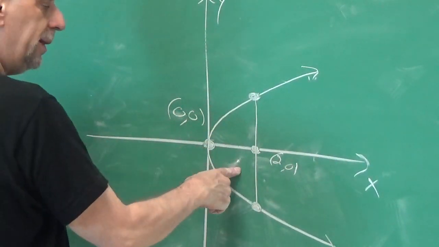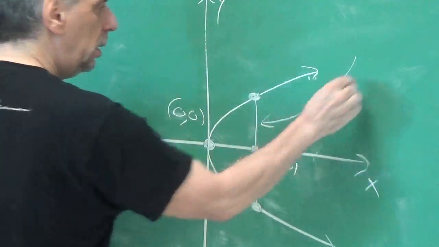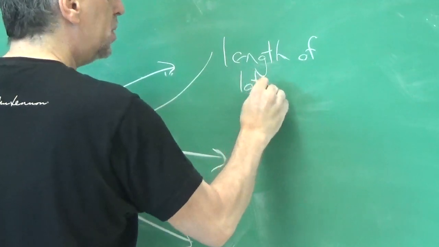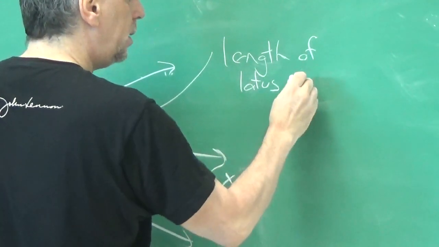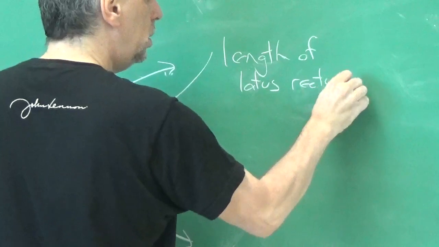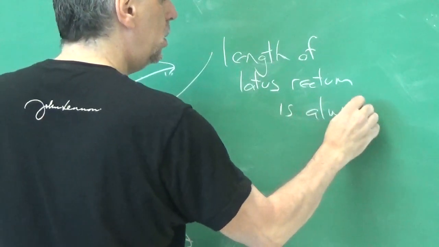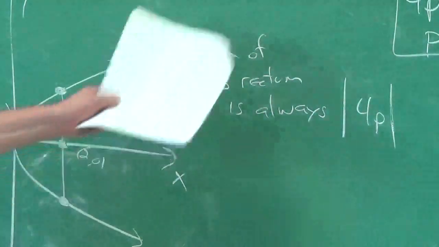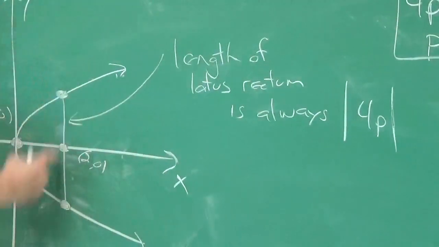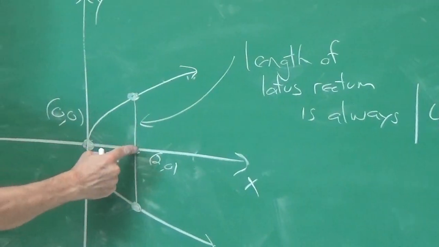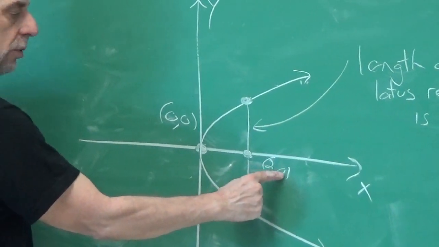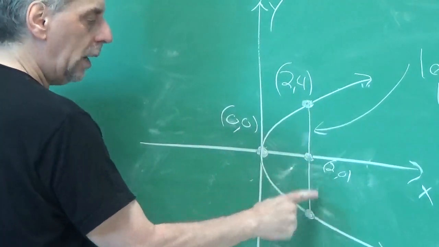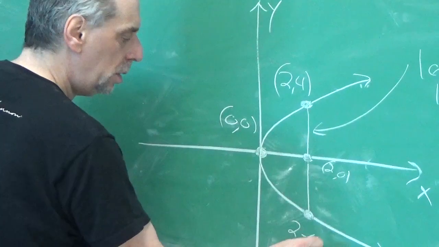The length of the latus rectum is always the absolute value of that 4p. So in this case, 8, so that's the length. We're going to go 4 units up and 4 units down. So from (2, 0), we go up to (2, 4), and down to (2, -4).